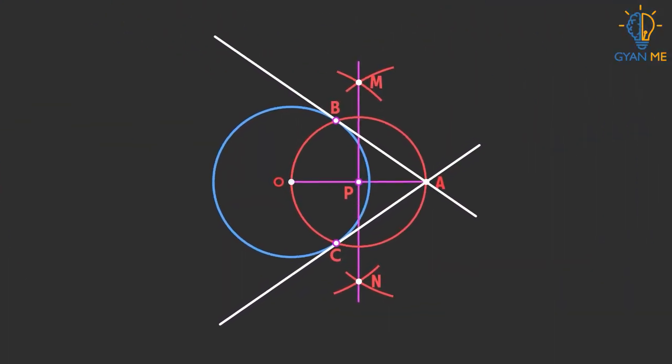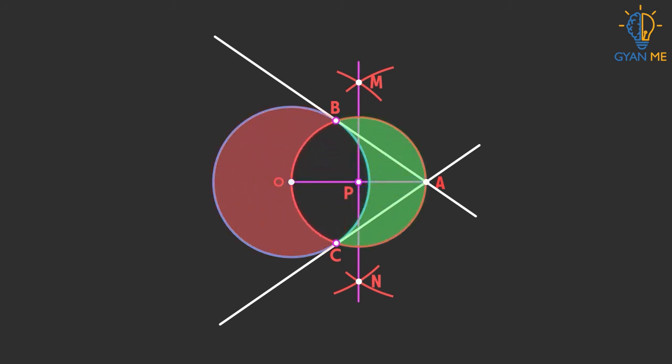Now, let us give reason why AB and AC that we constructed are tangents to the circle with center O. It is observed that AO is a diameter of the circle with the center P. This is because we have drawn circle of center P taking PO as a radius. Therefore, AO being diameter divides the circle into two semicircles.